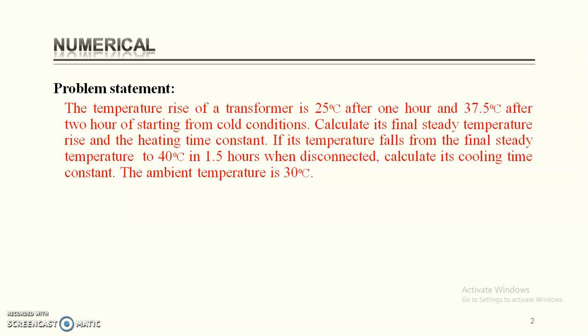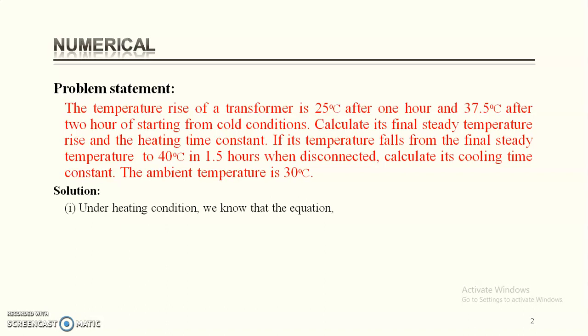It means from cold condition, within 1 hour the temperature rises up to 25 degrees Celsius. The second value is for 2 hours after cold condition: within 2 hours, the temperature rise of the transformer is 37.5 degrees Celsius. Here, under the heating condition, we have to calculate its final steady temperature rise and heating time constant.